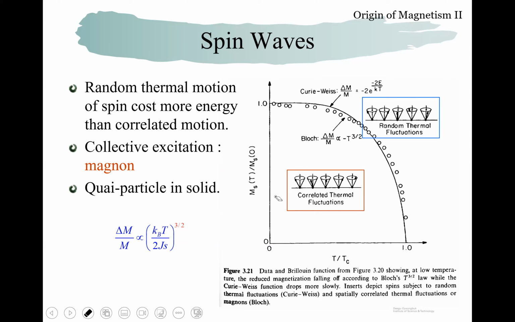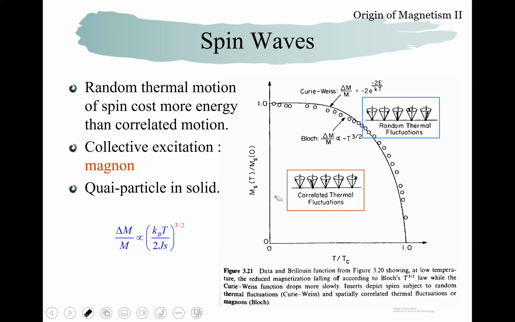Not only magnon or phonon, there are many such quasiparticles in solid state physics, and the description of such quasiparticles is very similar. This is what you call elementary excitation particles in solids, and that usually requires more knowledge of quantum mechanics, the second quantization. It's far beyond our course.